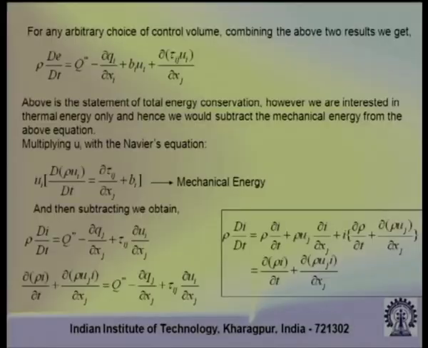So, what we do is we make this manipulation on the Navier's equation to get the mechanical energy, and we have the total energy expression already there. We subtract the mechanical energy equation from the total energy equation. So, what is remaining is a governing equation for thermal energy.